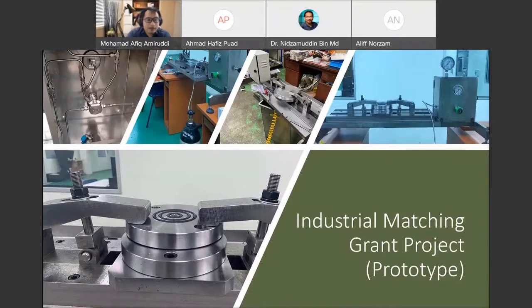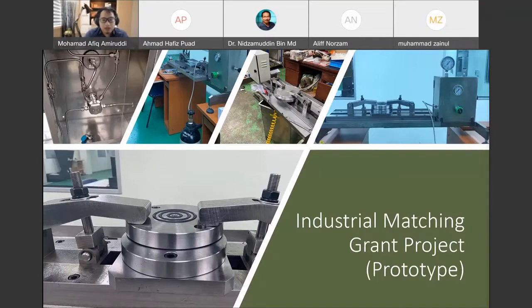This is the prototype that we developed. You can see the structure that we developed in our lab, and we already delivered this machine to our partner. I think we needed around one year to develop this machine.